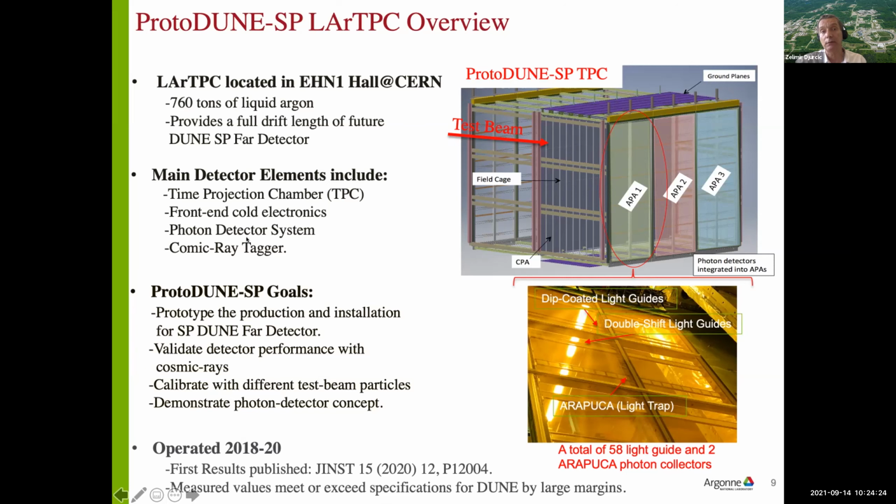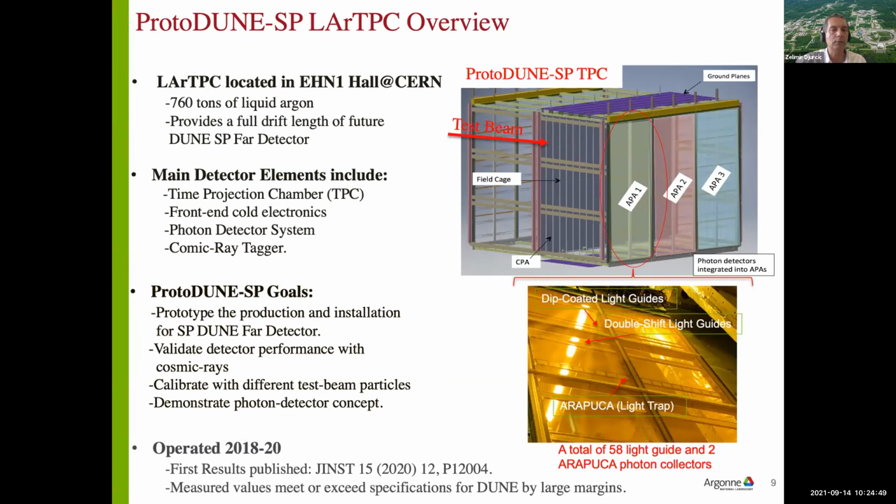then front-end electronics to read all these charges collected by wires, or converted from the light into charge by the photon detector. So the goal has been to prototype the means of production and installation for the far detector. This was a great exercise for that, but also to do the science, to show that this will meet scientific requirements.